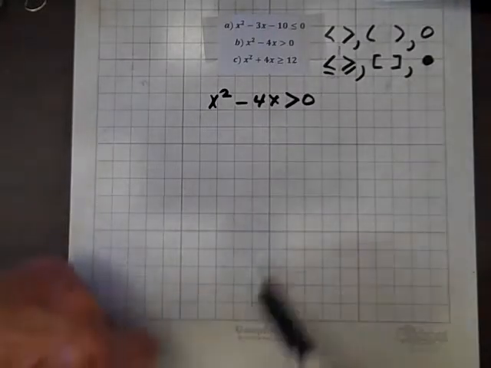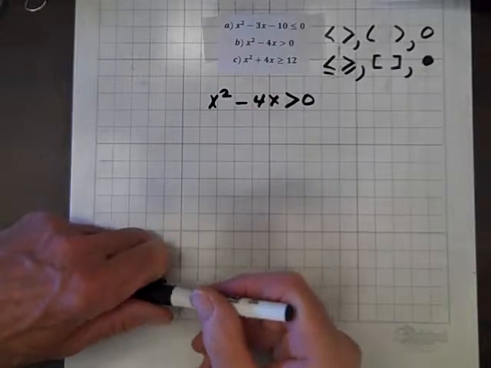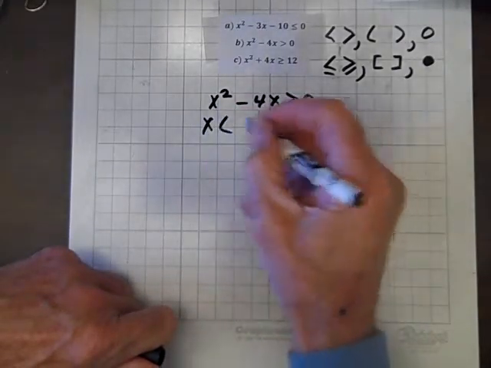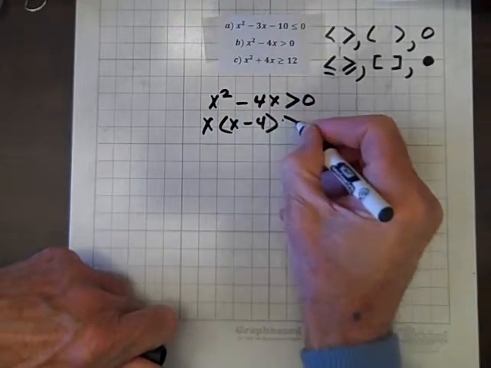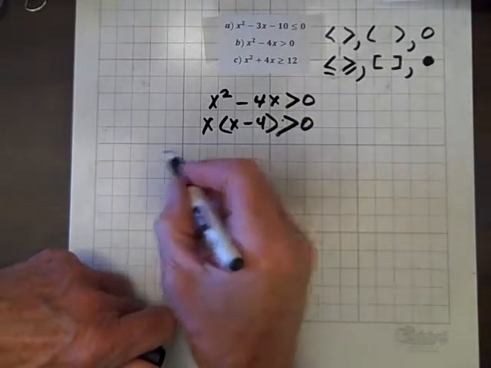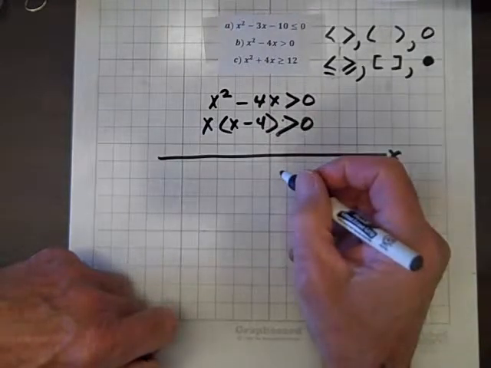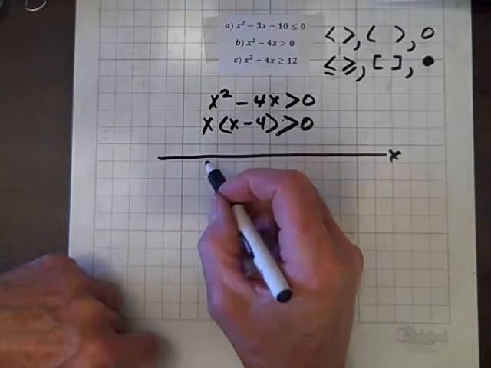Well, this inequality already has 0 on the right, so we do have to factor. We can factor an x out of each term. And now we're ready for the number line. Let's see, hash marks. What value of x takes x to 0?